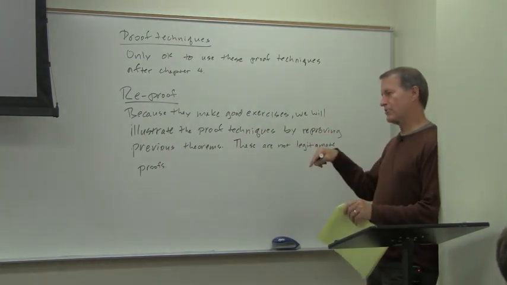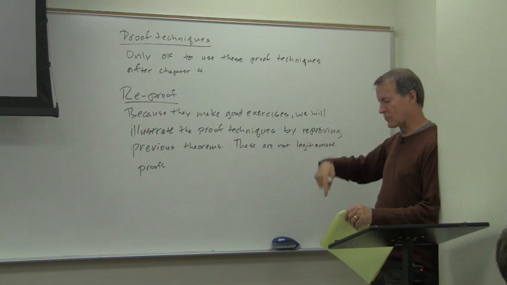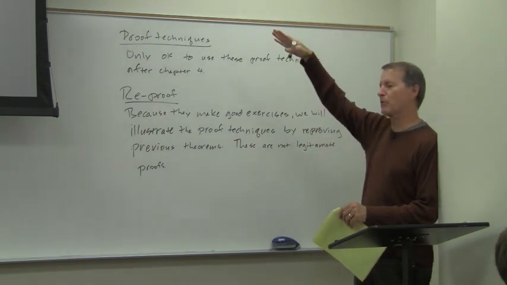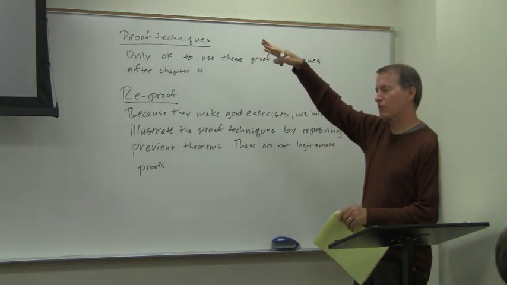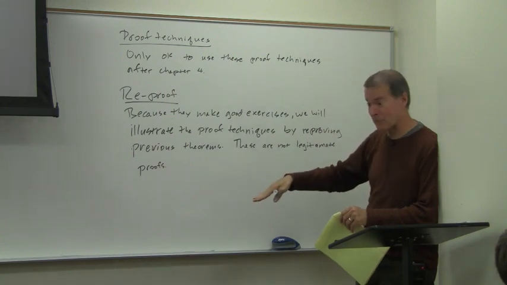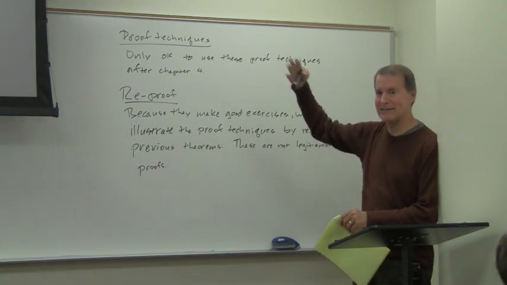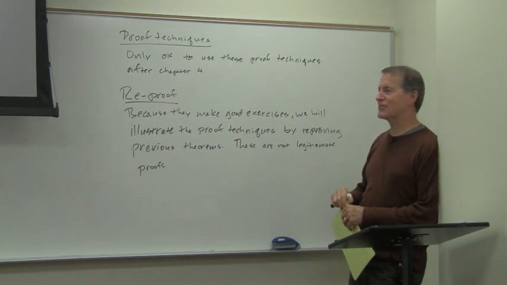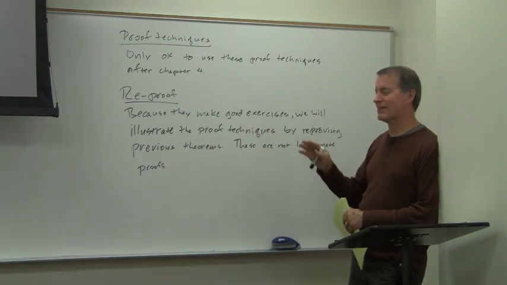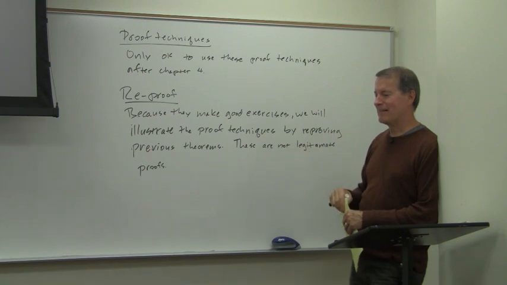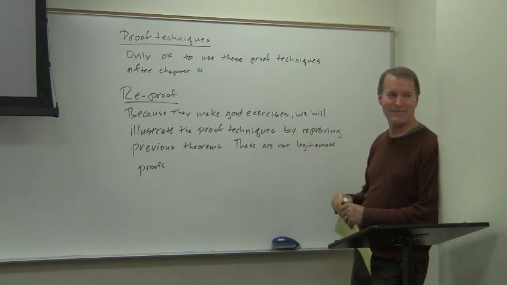Because we're using a proof technique from later to go back and prove earlier theorems, we would not have gotten to Chapter 4 yet, so we can't jump ahead and use that technique to go back. But anyway, I tried to come up with examples and it's just too hard. You need a good set of examples to do it. This is just the way we're going to do it.